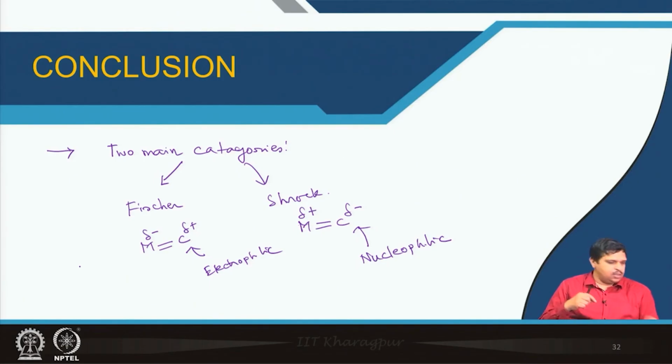So in this class we have understood the basic difference in the bonding and the orbital interaction in the Fischer and Schrock type of carbene complexes, and why the carbon center is totally different in view of the electronic properties.